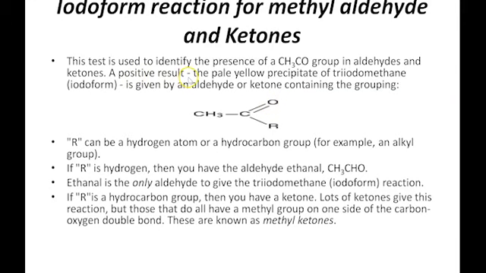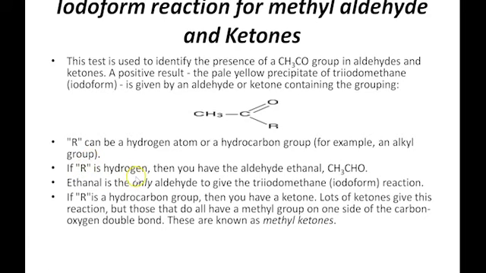A positive result, the pale yellow precipitate of triiodomethane, commonly called iodoform, is given by an aldehyde or ketone containing the following grouping. R can be a hydrogen atom or a hydrocarbon group, for example an alkyl group.